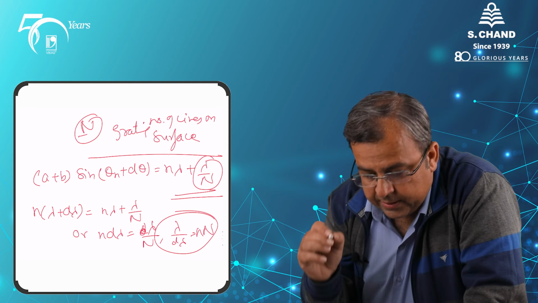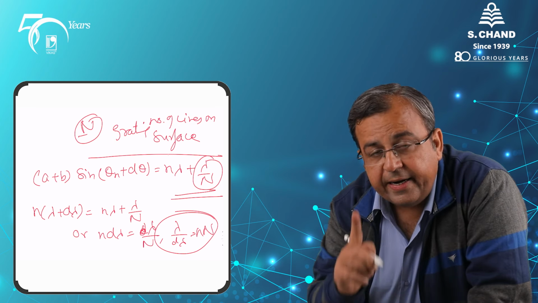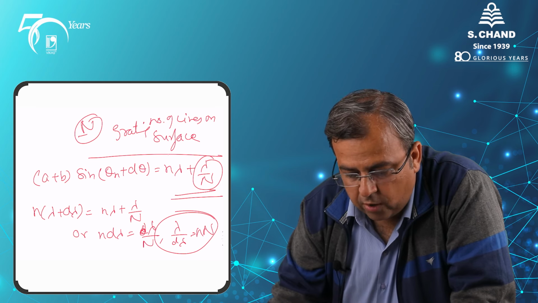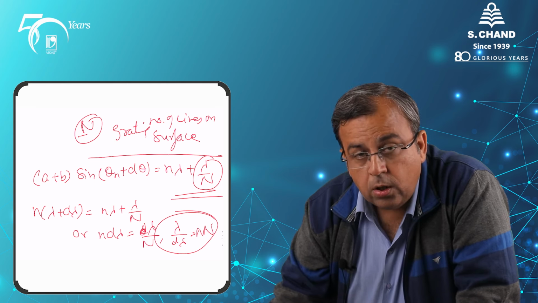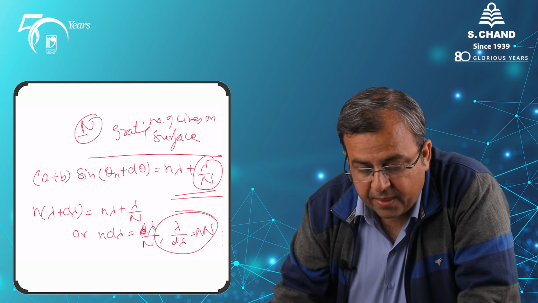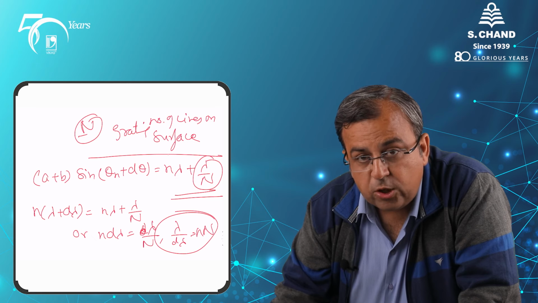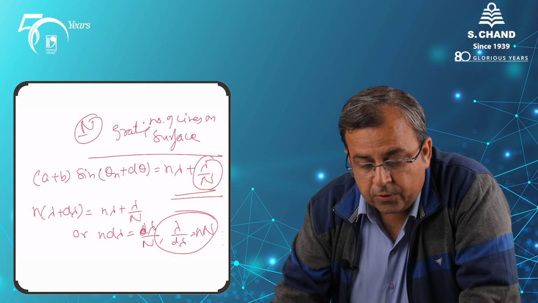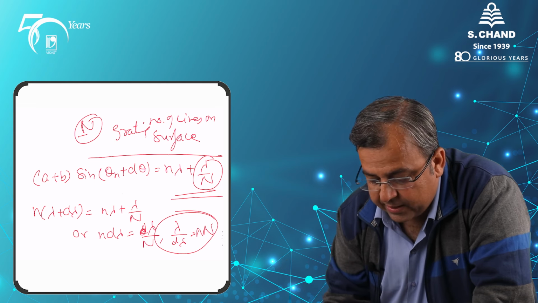So the resolving power of a grating is independent of the grating constant, and the resolving power is directly proportional to the order of the spectrum and the total number of lines on the grating. This is very important, so I'm making this statement again and again.